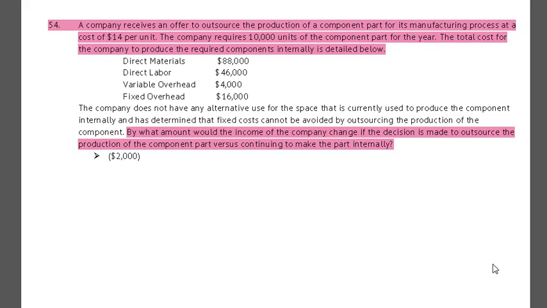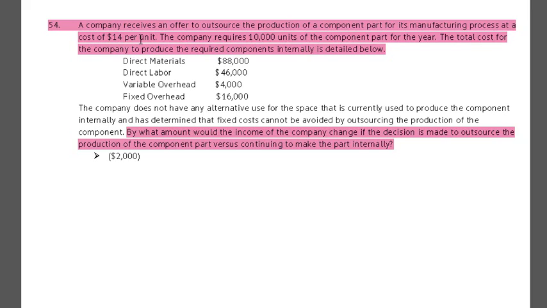We only want to look at what would be considered our avoidable expenses: direct materials, direct labor, variable overhead. We add 88,000 plus 46,000 plus the 4,000, and that'll give us 138,000 as our total cost currently. Now we need to know what are our costs of these units. So the problem states 10,000 units times $14 per unit is the cost.